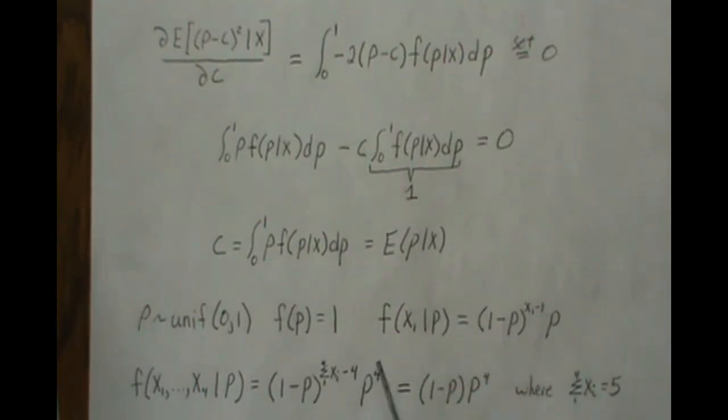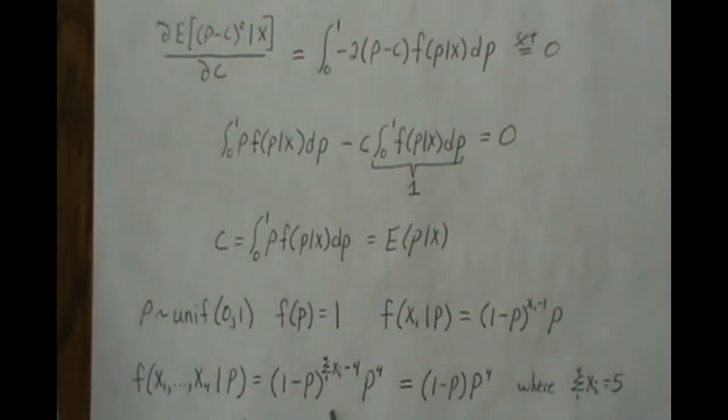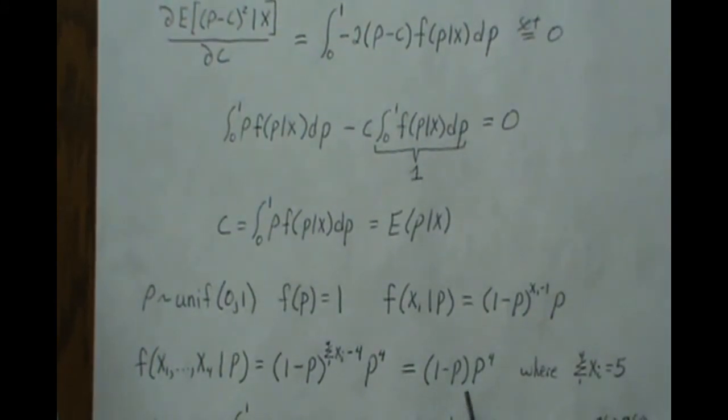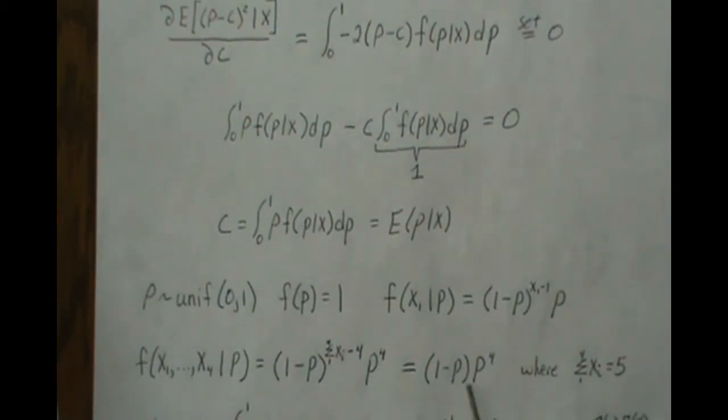Now since there were 4 observations, this is our joint density, which simplifies to this because the sum of our data is 5. So we get this, and it's looking like a beta distribution.